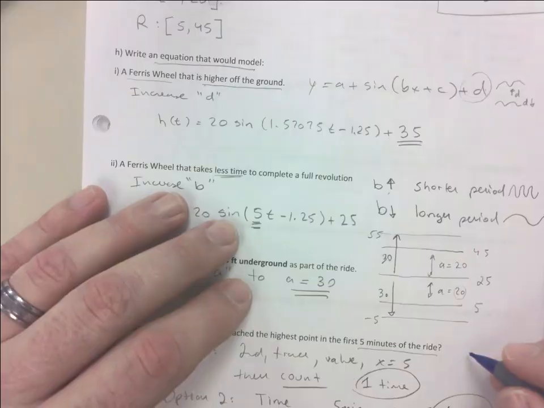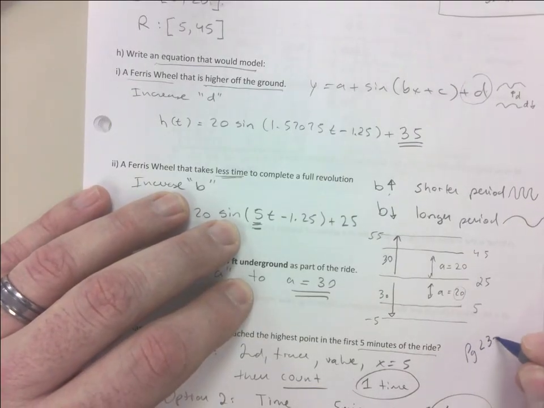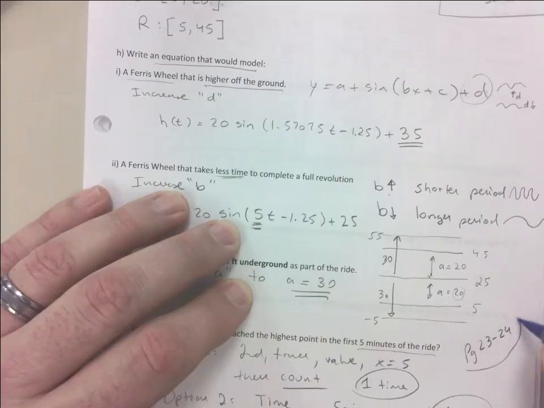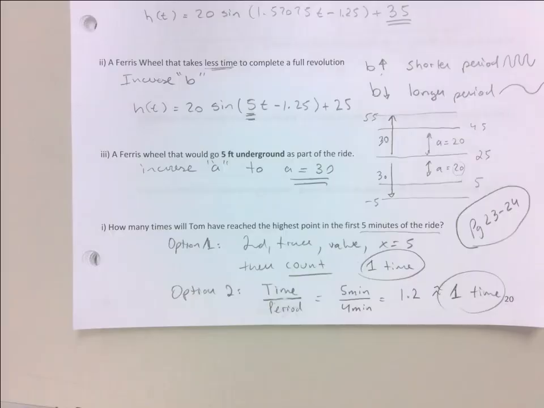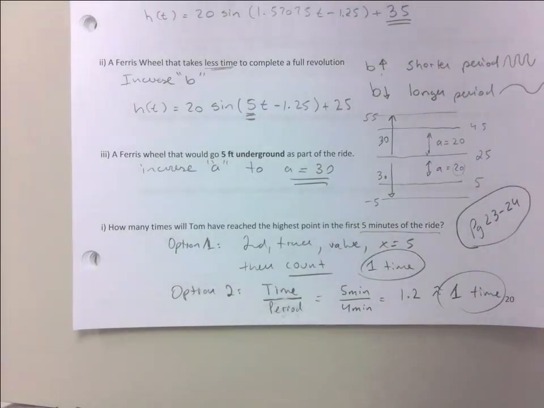So 23 and 24, I ask you to graph both of them. Unfortunately, I don't provide a grid, so you're going to have to make your own using a ruler. But make sure you know how to do that. Don't put your stuff away yet, please.